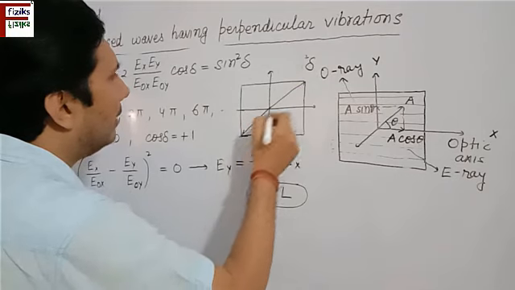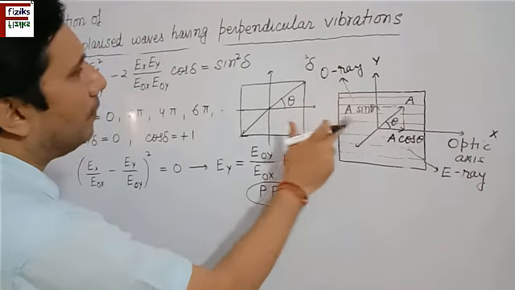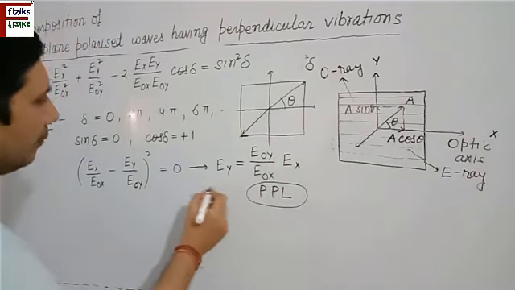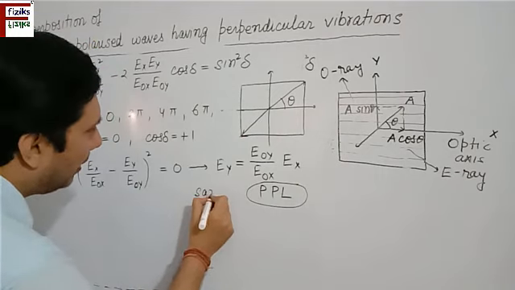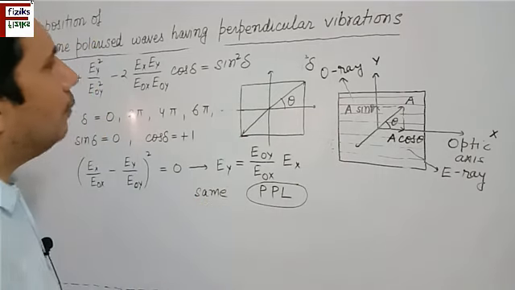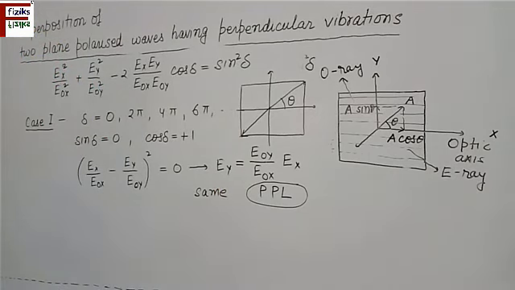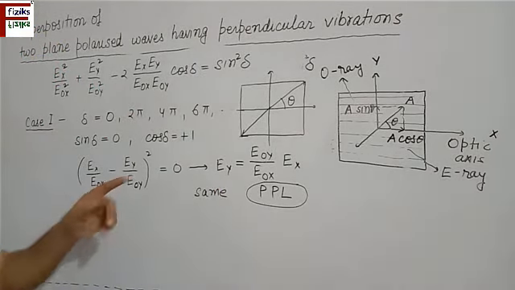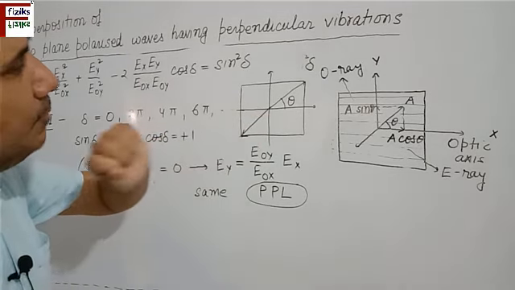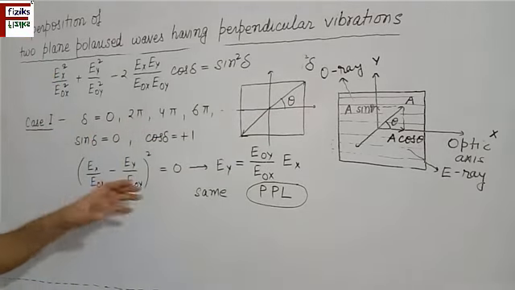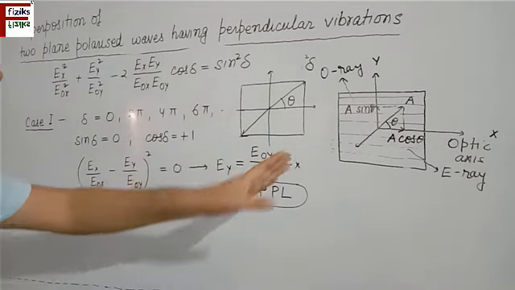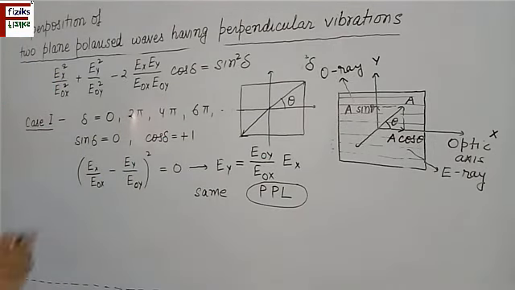This is the same profile as the incident ray. So this will be the same plane polarized light. The plane of vibration of the incident plane polarized light and the emergent plane polarized light are making the same angle theta with respect to the optic axis. So the same plane polarized light will be observed on the emergent side if this delta is equal to 0, 2 pi, 4 pi, 6 pi.